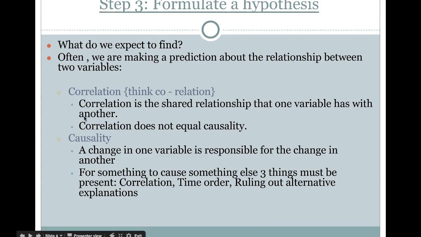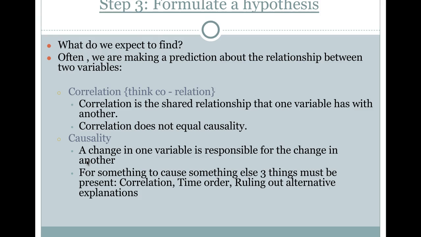So there's correlation, which is some sort of shared relationship. Something relates to something in another way, but it doesn't necessarily mean that there's causality. Causality is when a change in one is going to change another. So the independent variable makes a change, the dependent variable follows suit.